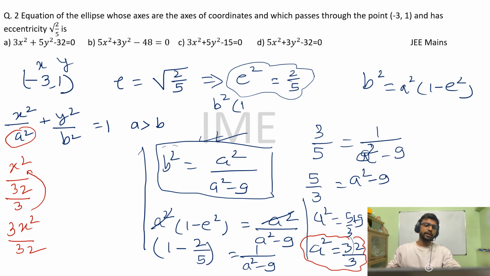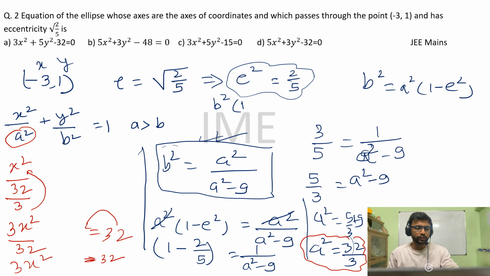And if we multiply by 32, then we will have 32 on the right side. And in the last, we will take 32 from right to left, so this will be minus 32. So from here we can guess the options. See, we want 3x square and minus 32. So 3x square is here and minus 32 is here.